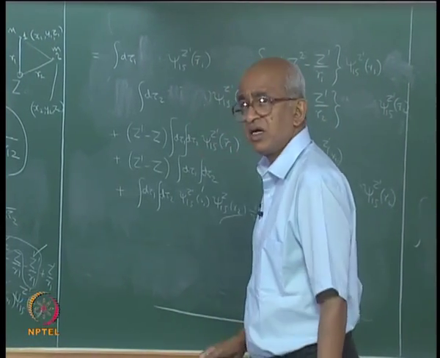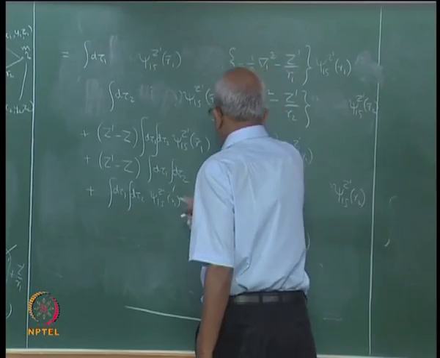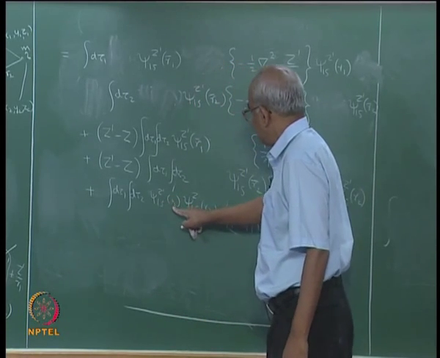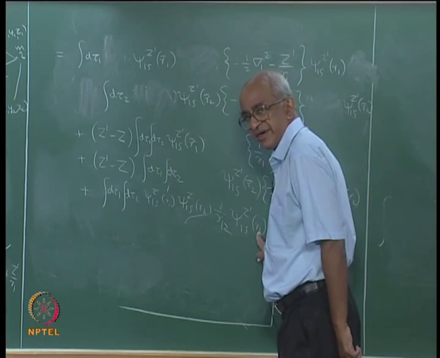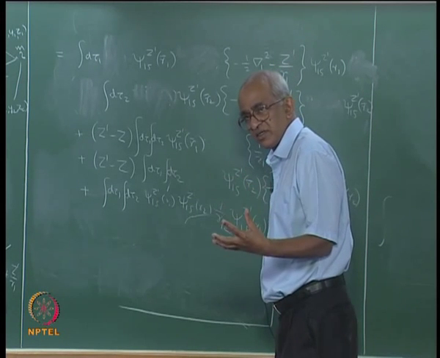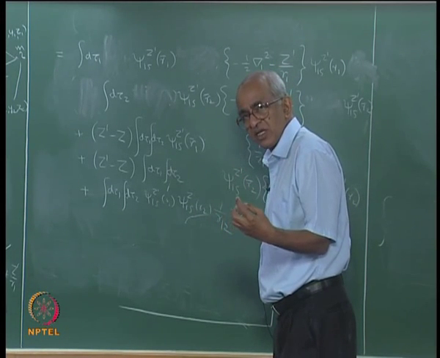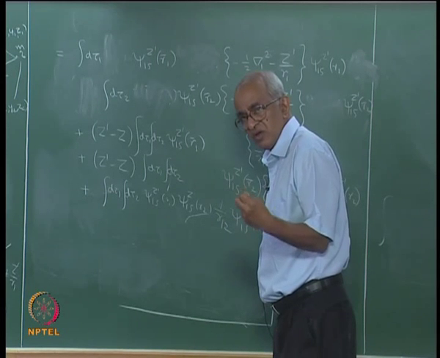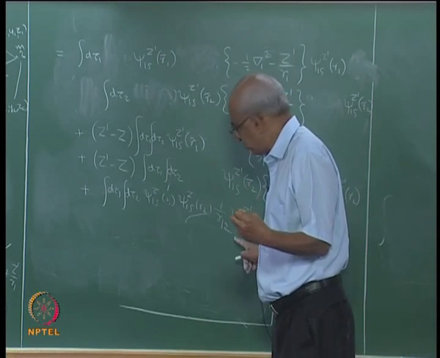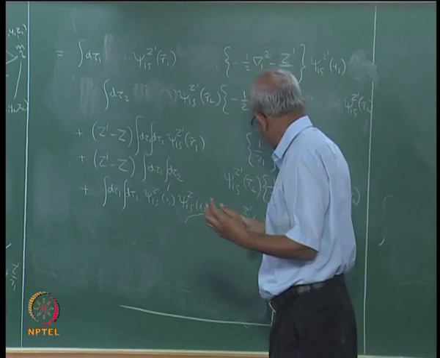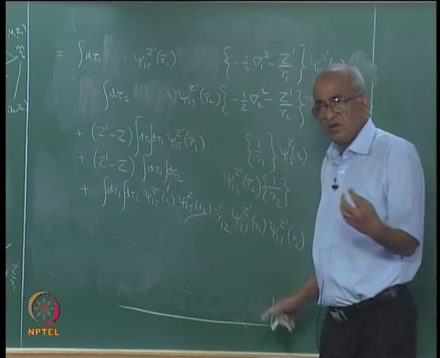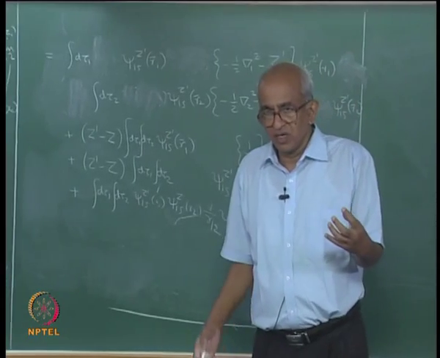But if you look at the last term, what will happen is that you have psi 1s R1 into psi 1s R1. So, it is actually psi square. What is psi square? It is the electron density of electron 1. This into that is nothing but the electron density of electron 1. This into that will be the electron density of electron 2, and what is happening?